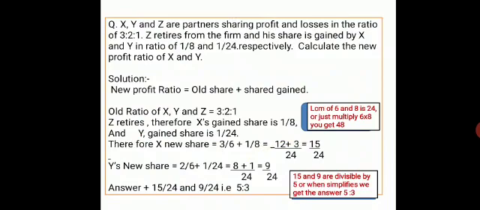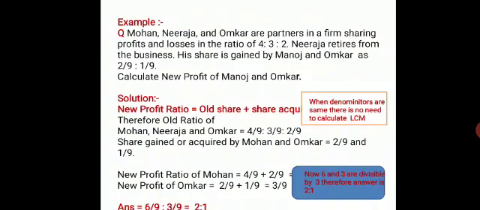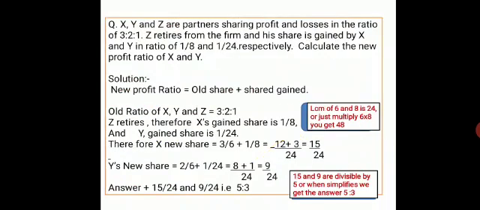So 8 plus 1 is 9, 9 upon 24. Now your answer is what? 15 upon 24 and 9 upon 24, which is equal to 5 by 3. So 9 and 15 are divisible by 3. When we simplify, it will be 5:3.